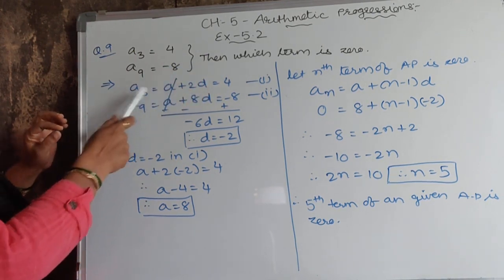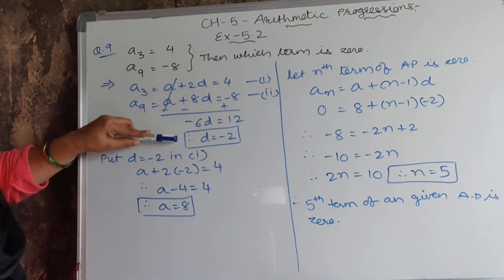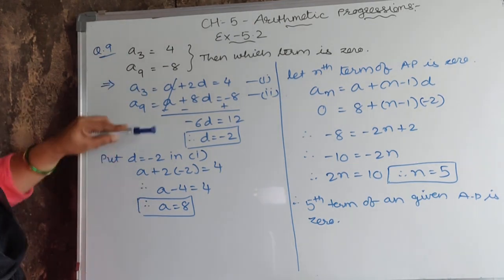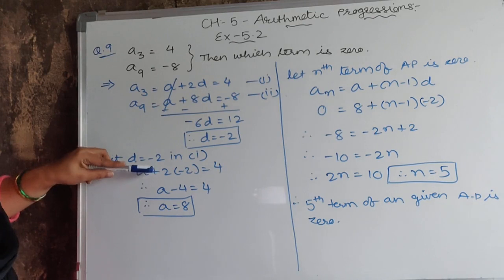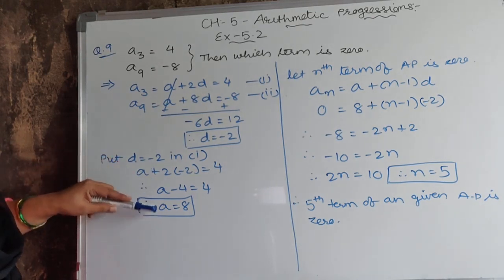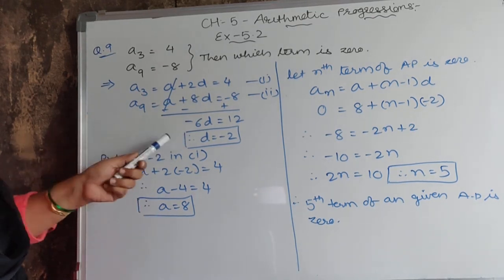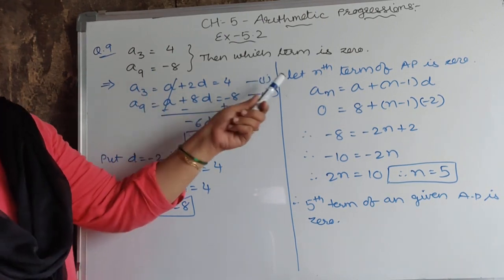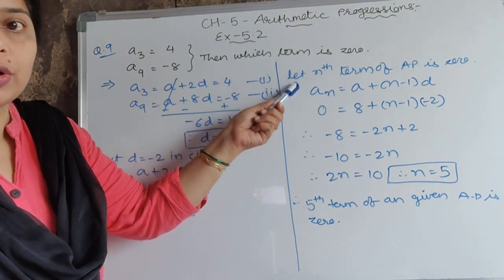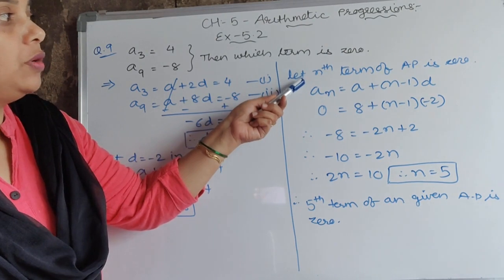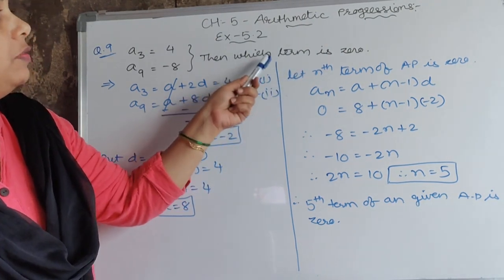So first, as usual, we get D by elimination and A by substitution. This is quite new for us. We are doing this for the first time, which term is 0.